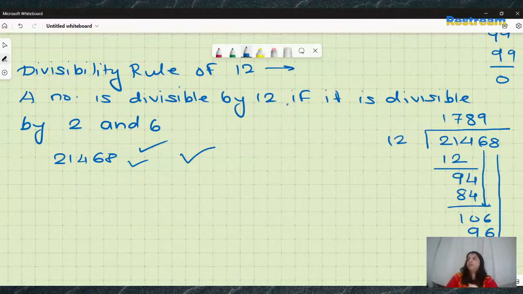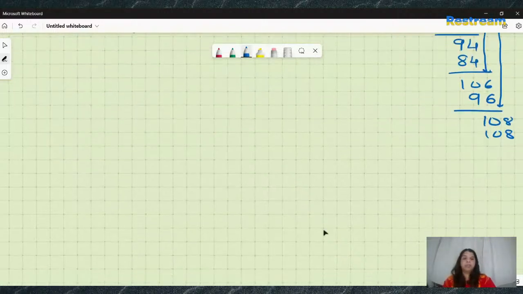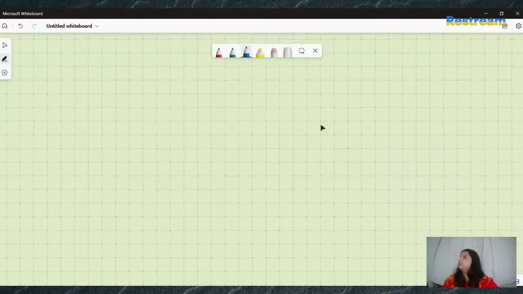Now we are going to do a few questions and see if we can apply these divisibility rules to our given questions. Give me a moment and let me take a few numbers. Let's say 153, and we have to test whether this number is divisible by 3.